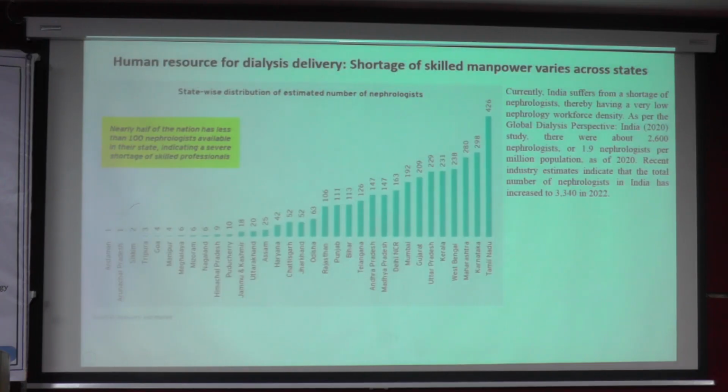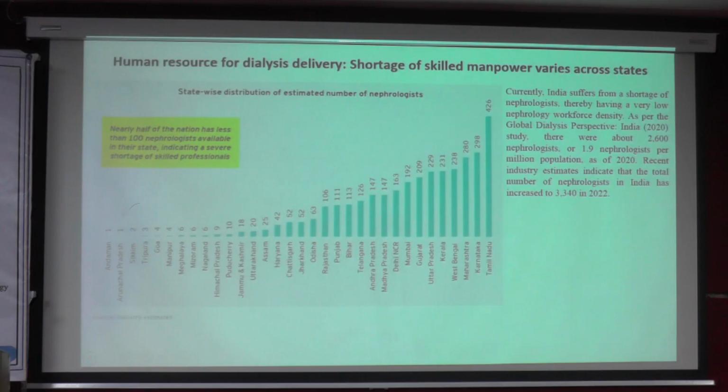And you see the human resource for dialysis delivery: a shortage of skilled manpower across the states. Nearly half of the Indian states have fewer than 100 nephrologists available. Nephrologists are very rare, very few.